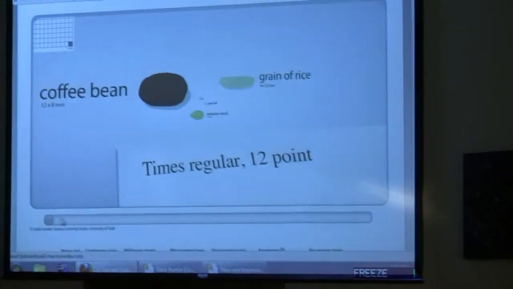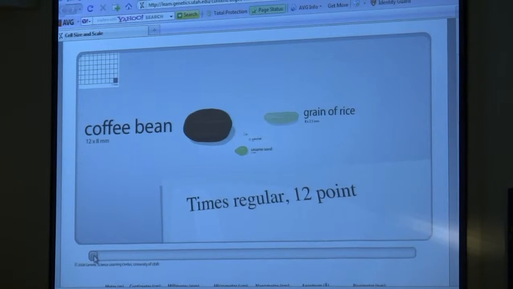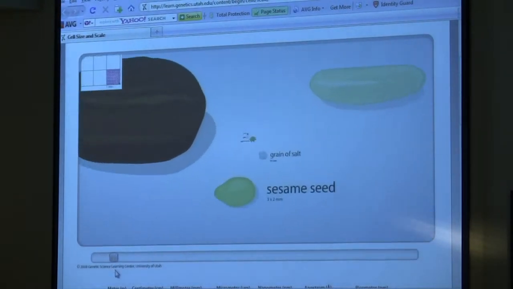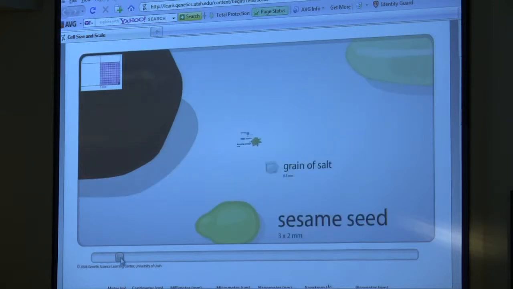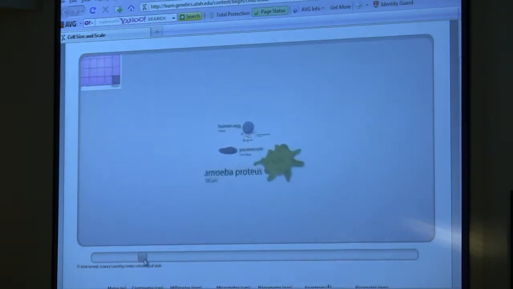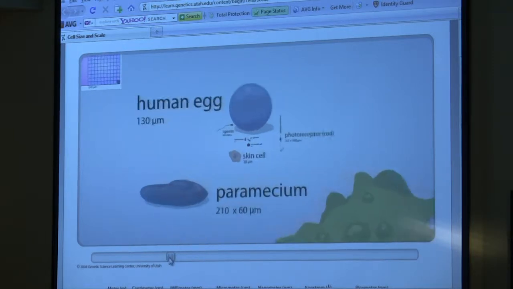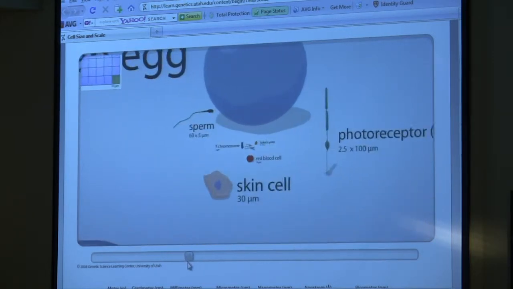Next slide, please. Give you a perspective on size, starting with a coffee bean, going down to a grain of sand, amoeba, human egg, red blood cell, keep going there, we're only about halfway through.